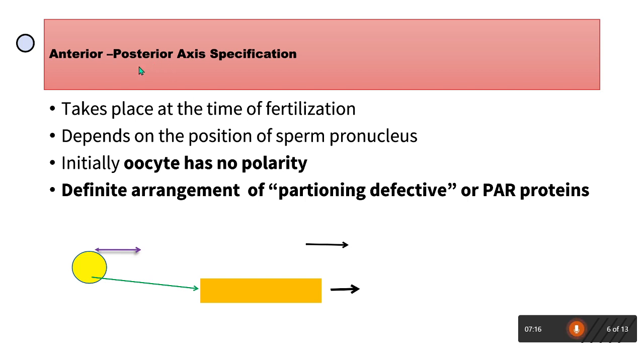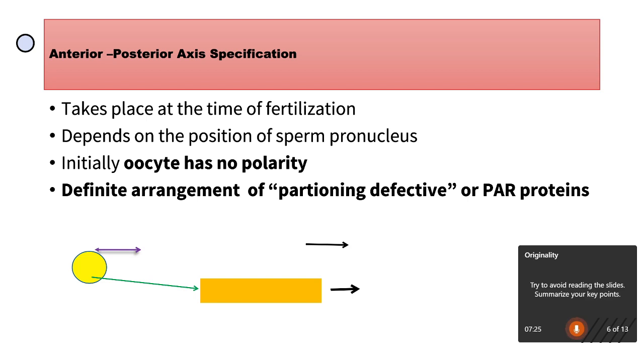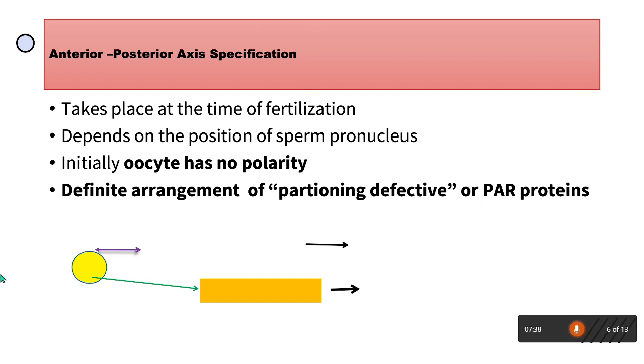So, anterior posterior axis specification takes place at the time of fertilization, and it depends on the position of the sperm pronucleus. In the case of the oocyte, it has no polarity initially, but it has a definite arrangement of partitioning defective or PAR proteins.